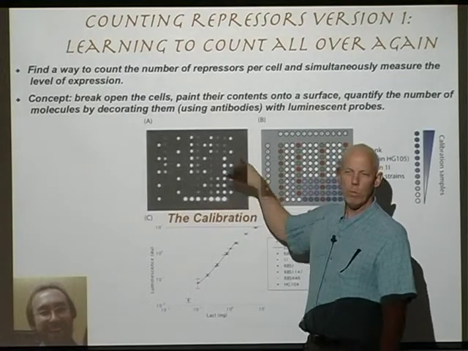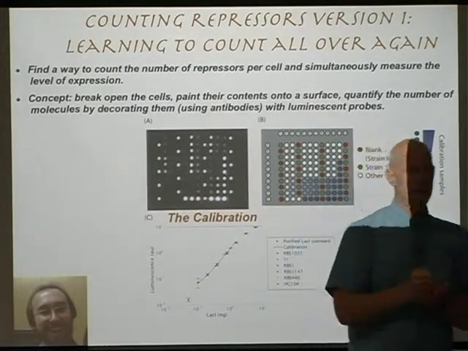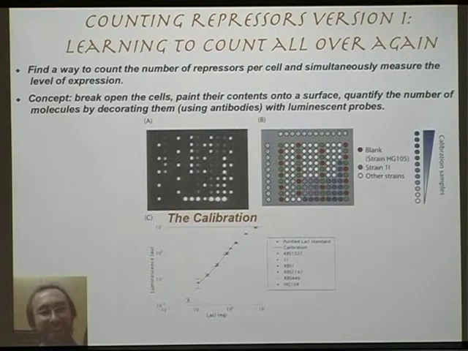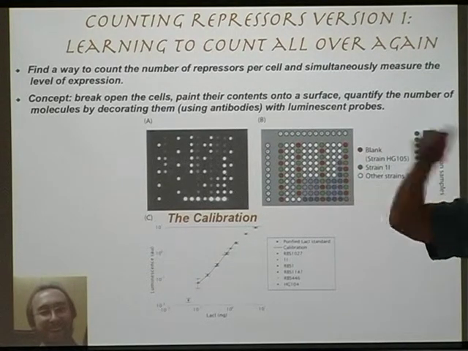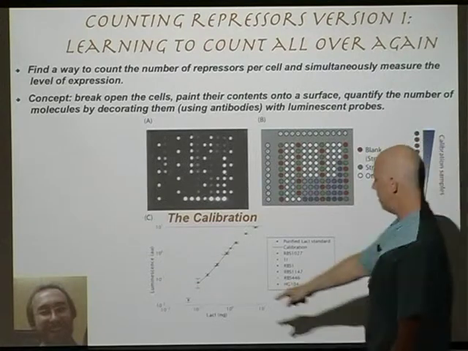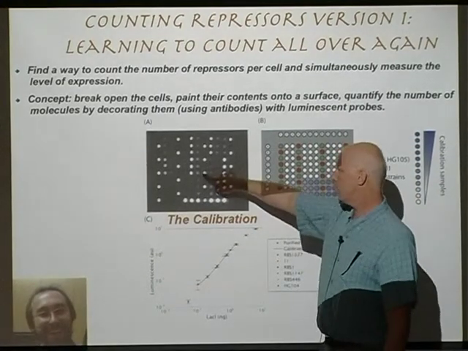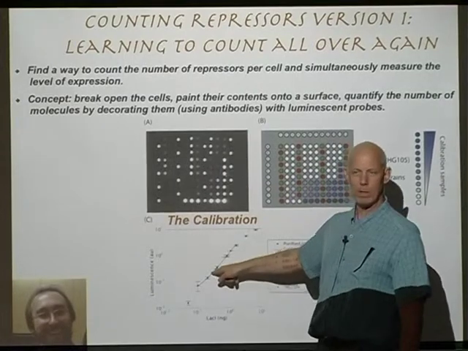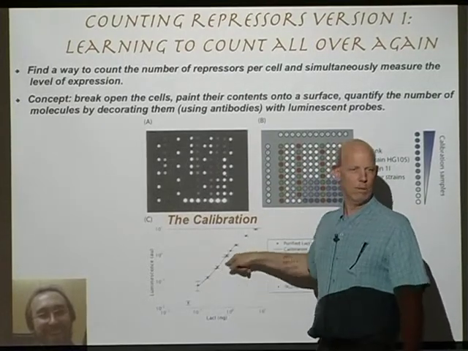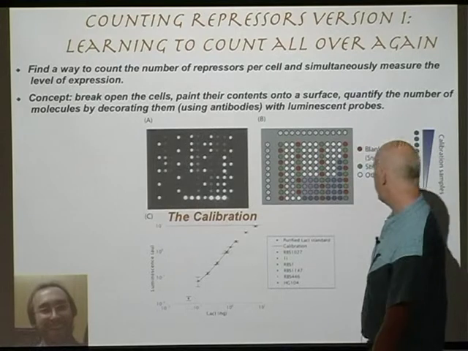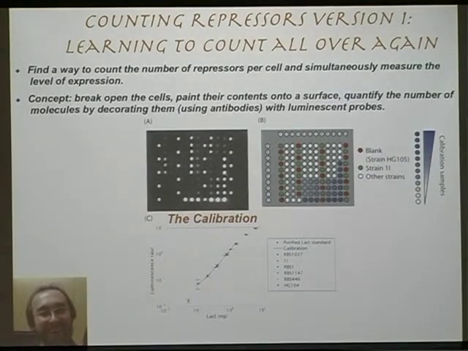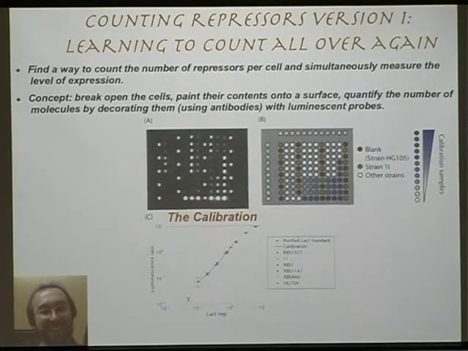And at the same time, we also use purified protein of known quantity to calibrate. In other words, you say, well, I'm going to take my calibrated amounts, and that's these guys. And then you find your arbitrary spot, and you just ask, where does it appear? And you interpolate between the nearby points. So that's the way of doing the counting. And you can do this with fairly high resolution.